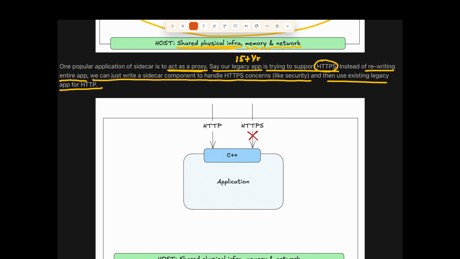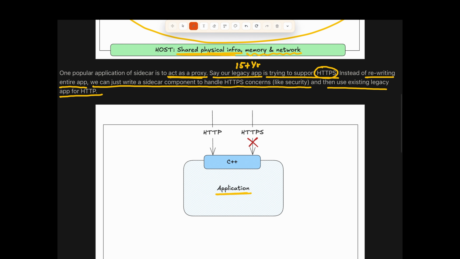So let's say this is our main application. It is handling HTTP very correctly, but it is not able to handle HTTPS, which is nothing but HTTP over SSL or TLS at a high level, right? So this is HTTP secure. It is not able to handle HTTPS traffic.